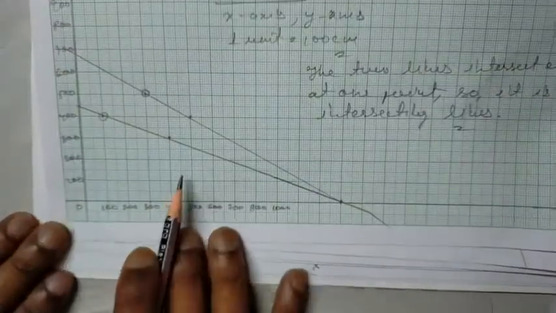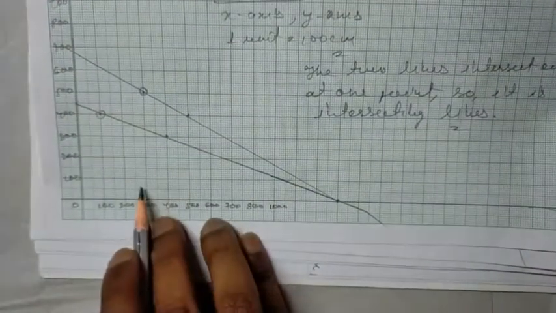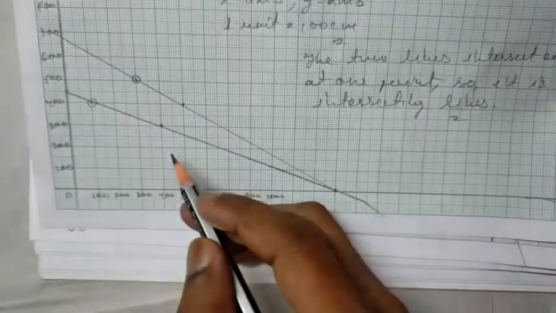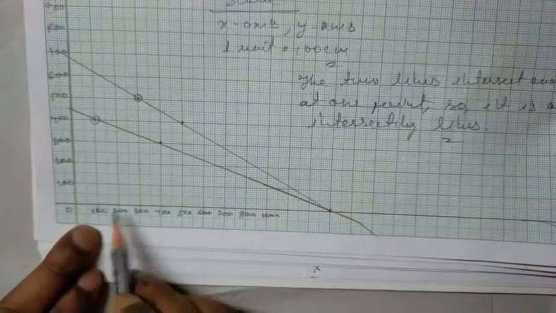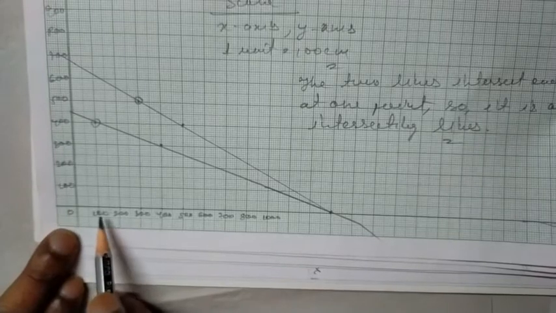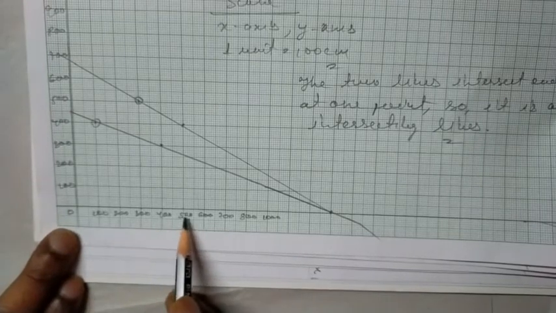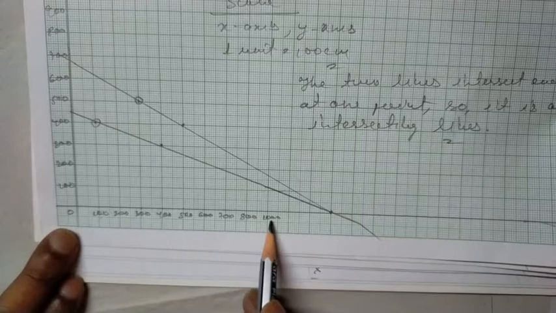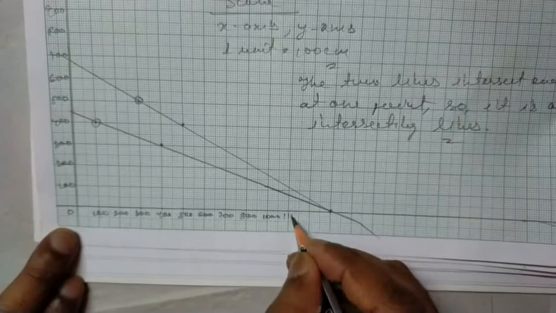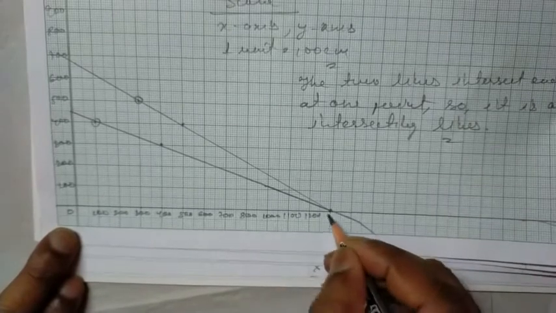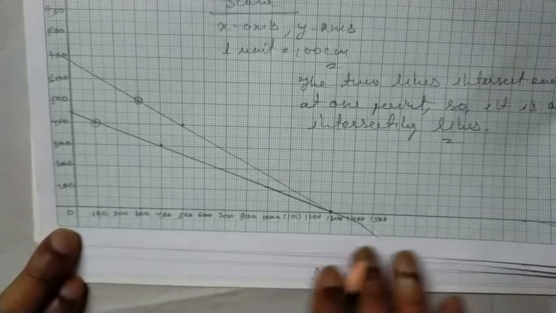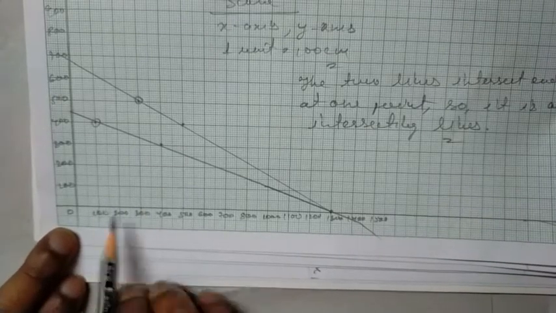For the first table, I have taken the values 100, 200, 300, 400, 500, 600, 700, 800, up to 1000, 1100, 1200, 1300, 1400, 1500. A gap of 100 is the scale.